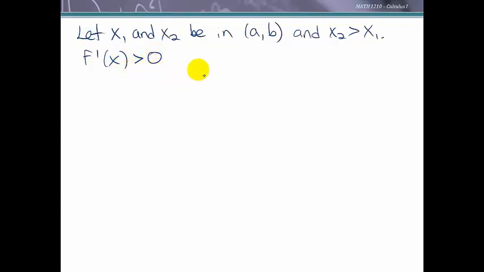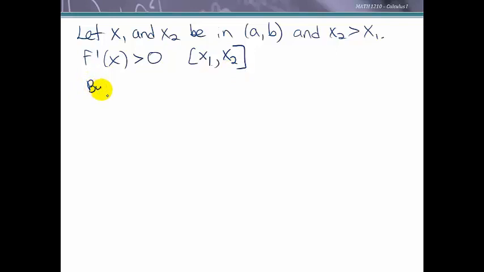That was our assumption. And so if the derivative is greater than 0 for all points on this interval, then we know that it is differentiable for all points on the interval. Well, differentiability implies continuity, so if it's differentiable for all points, it is continuous for all points. So on the interval from x1 to x2, this function is continuous and it's differentiable on the open interval from x1 to x2. Therefore, we just met the conditions for the mean value theorem, so the mean value theorem applies.